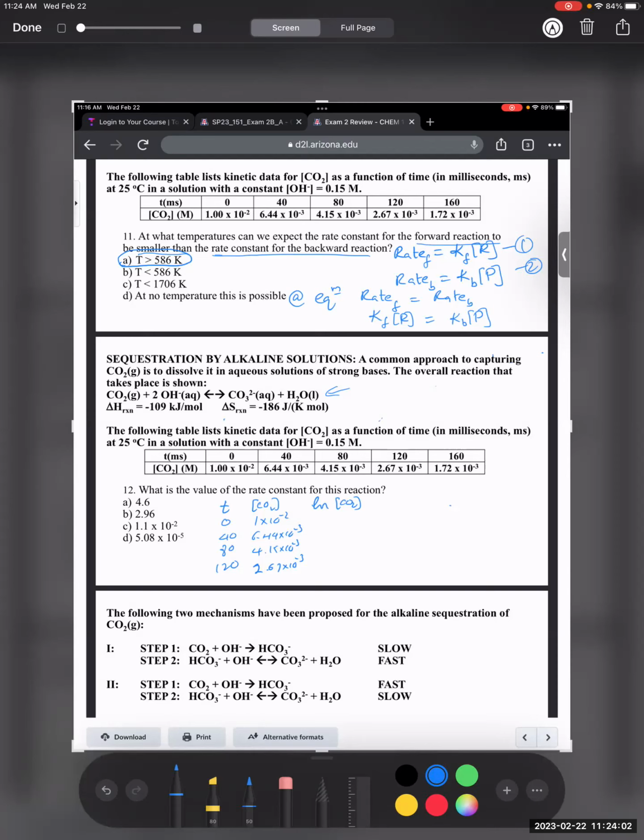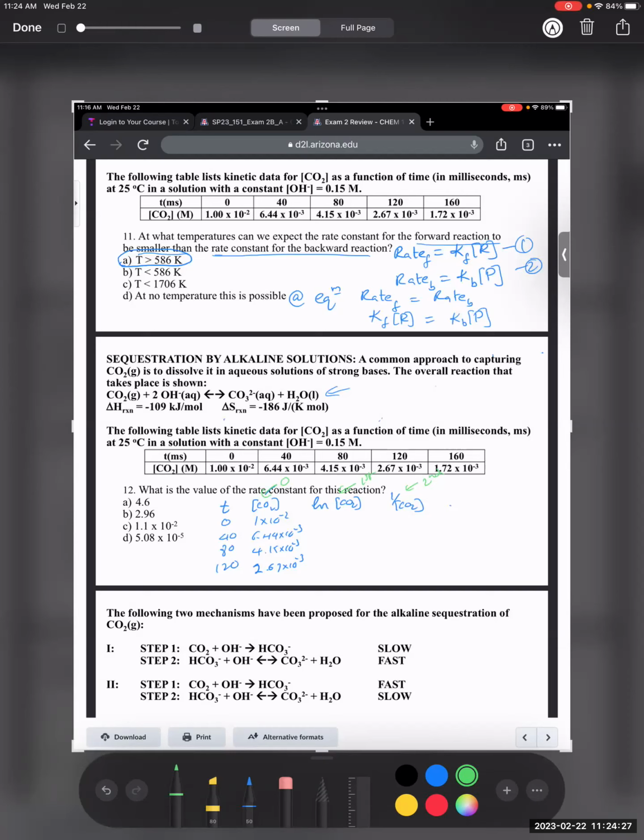And then your list 4, 1 over concentration. The idea is if you plot these graphs, depending on which one is linear, we can determine the order of the reaction. If this was linear, it's going to be 0th order. If this was linear, it's going to be first. And if this was linear, it's going to be second. That's going to be the goal.